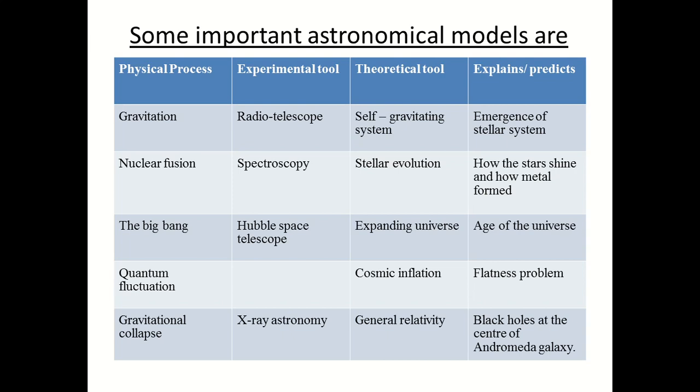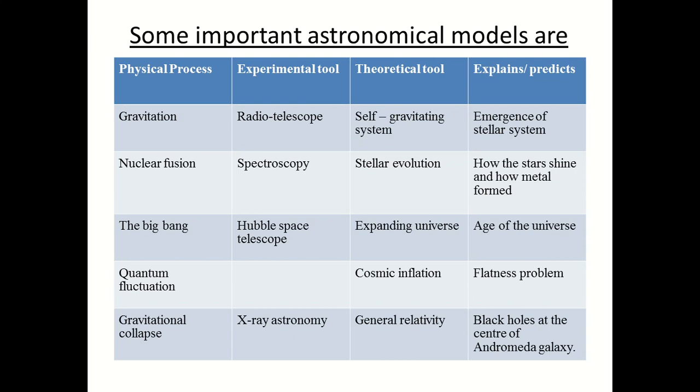Radio telescope means the telescope which collects the radio waves coming to the atmosphere of Earth from other celestial objects. The theoretical tool used for studying the physical process gravitation is the self-gravitating system.